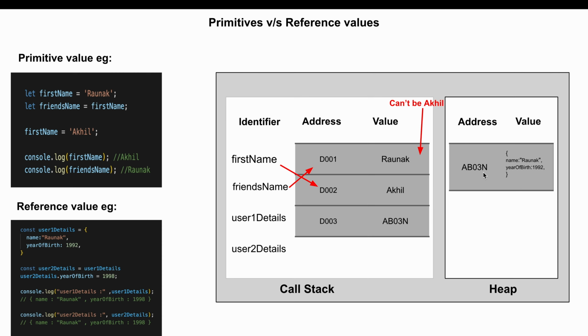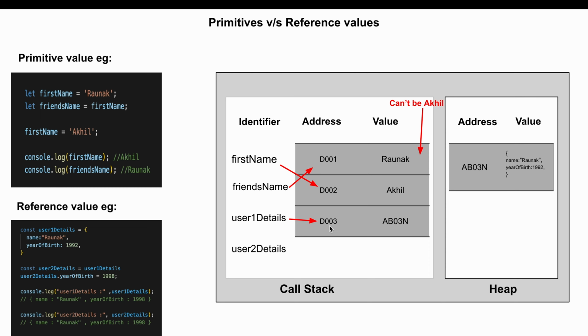We have some address here in the heap, and at that address we have this object stored. So how this gets stored into the call stack is the question here. What happens is, in the call stack also one address will get generated and user1 details will start pointing to that address.